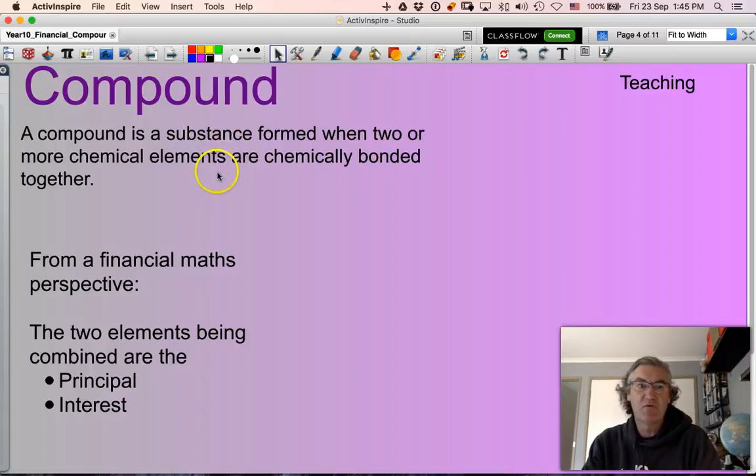We probably first come across this when we're thinking about chemistry, and it's considered when it's a substance formed when two or more chemical elements are chemically bonded together. Now, from a financial maths perspective, the two elements that we're combining together will be the principal and the interest.